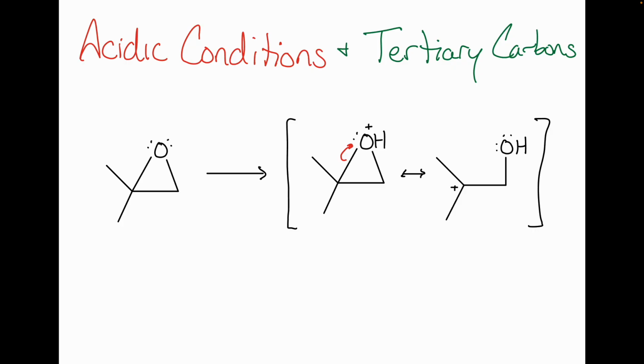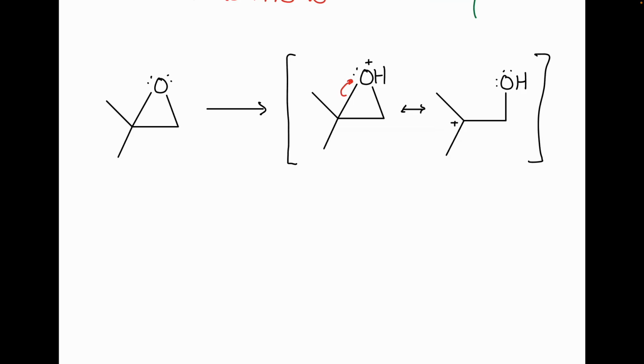All right, so our real structure here is, again, a hybrid of these two, where that carbon-oxygen bond has started to break already. All right, leaving us with a lot of partial positive charge on that carbon.